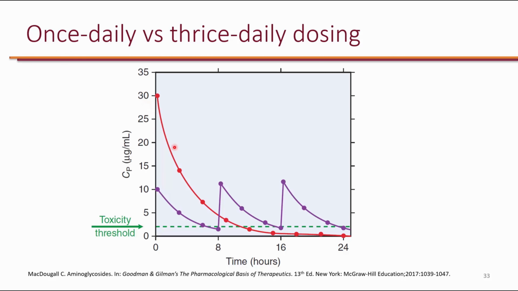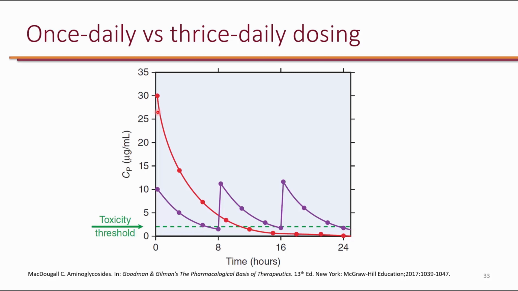So basically the red line shows that if you give a very, very high dose of aminoglycoside, you're going to get a very large peak and that gives you efficacy. And then because you only do it once a day, that's going to give you 24 hours for the levels to drop and then go below the toxic range. And then because of the post-antibiotic effect, it's okay to wait until the next day to give the next dose.